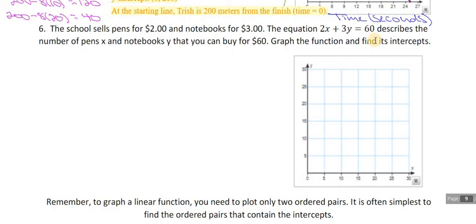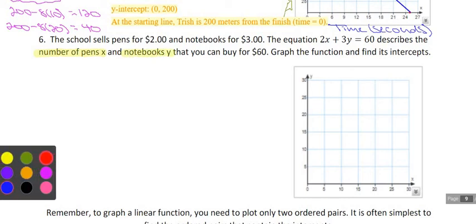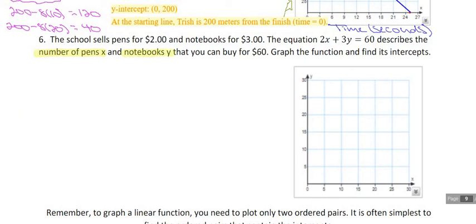Okay, so let's get started here. So let's identify what our x and y represent. So our x represents number of pens, and number of notebooks is our y. So let's kind of spell that out. Okay, so let x equal number of pens, y equals number of notebooks.